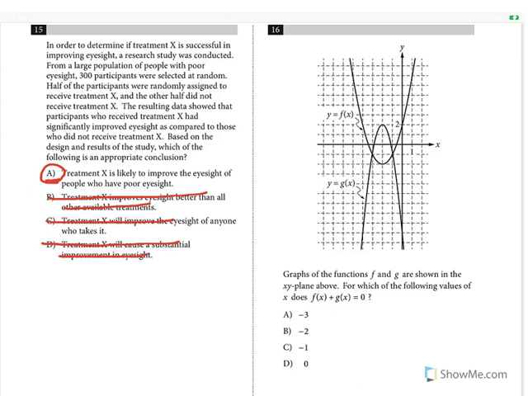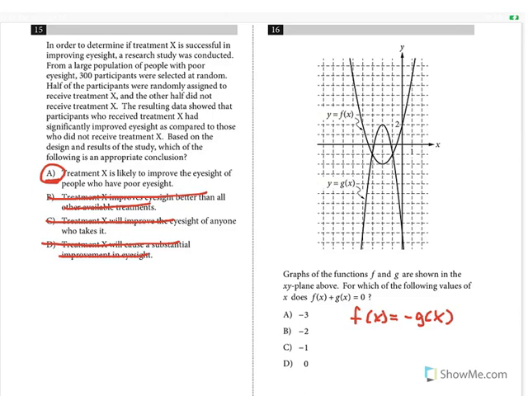All right. Graphs of the functions f and g are shown in the xy plane above. For which of the following values of x does f of x plus g of x equal 0? Well, in order for f of x plus g of x to equal 0, that means f of x has to equal negative g of x. So we have to look and find where f of x and g of x have the same value but the opposite sign.